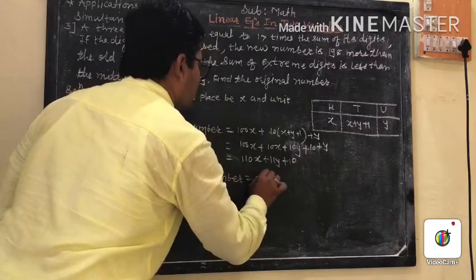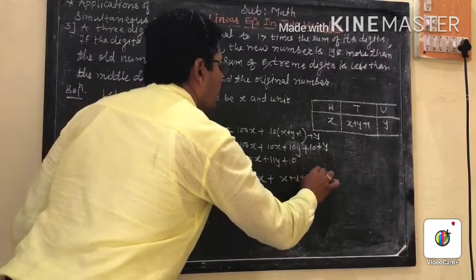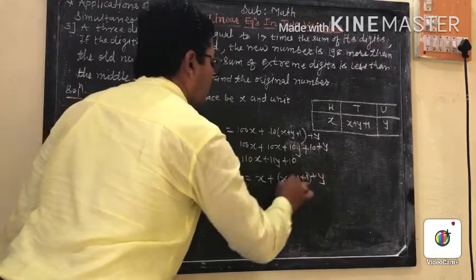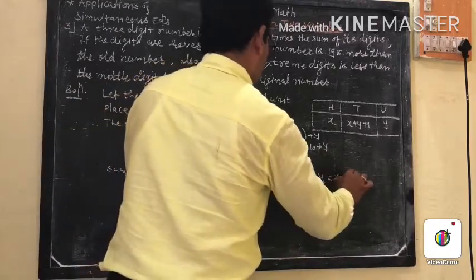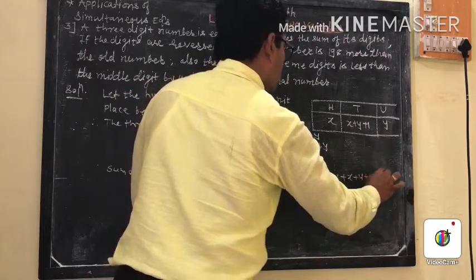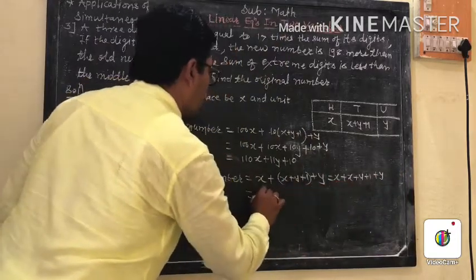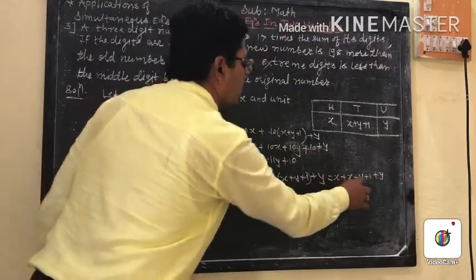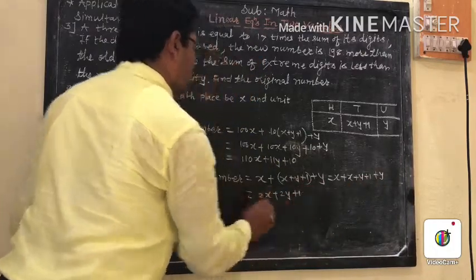Only the sum of the digits: x plus y plus 1 plus y plus x. Now you get x plus x is 2x, plus y plus y is 2y, plus 1. This is the sum of the digits of this number.